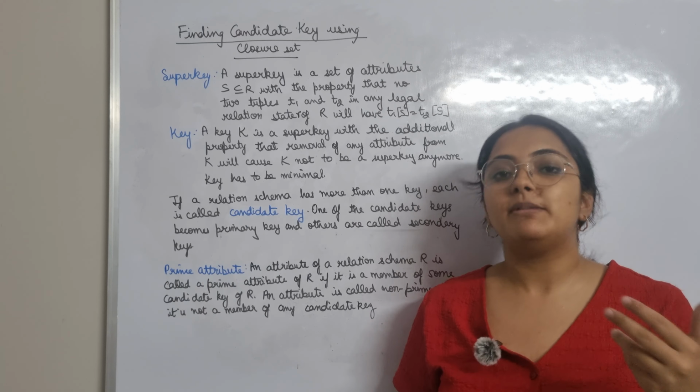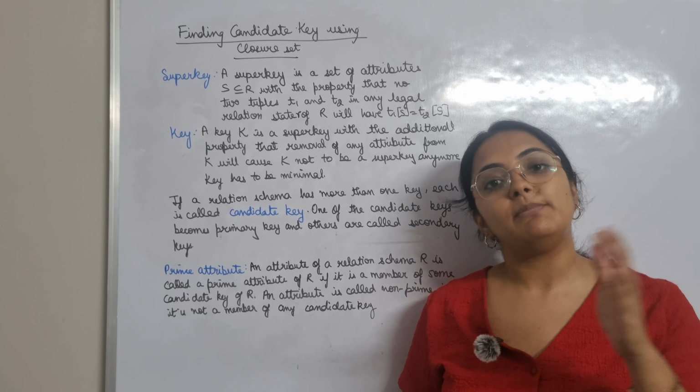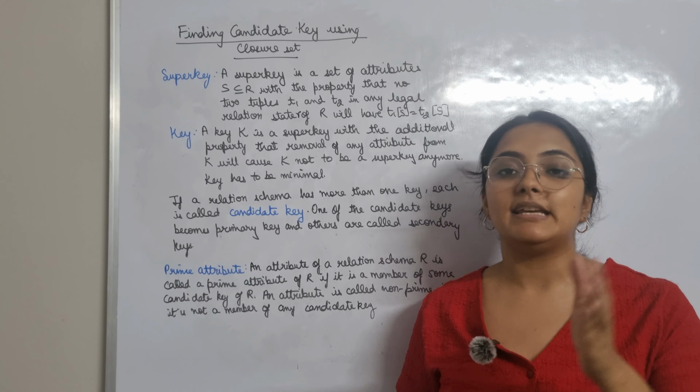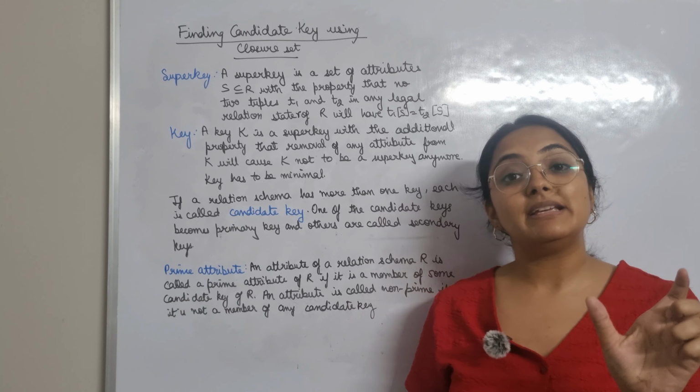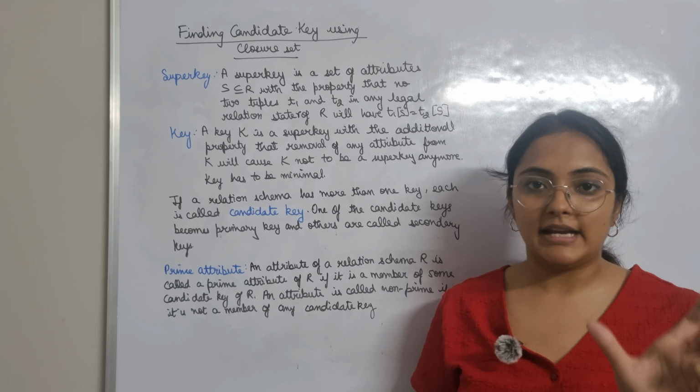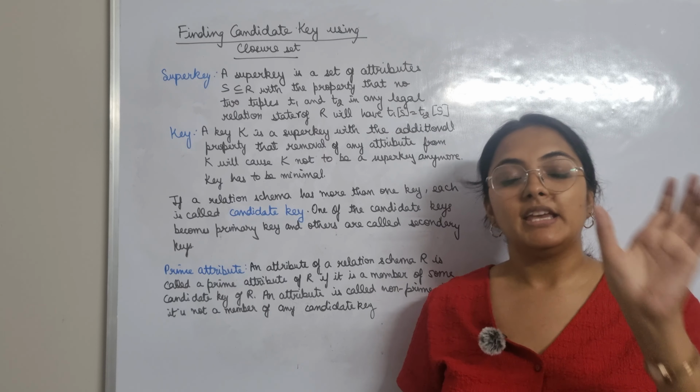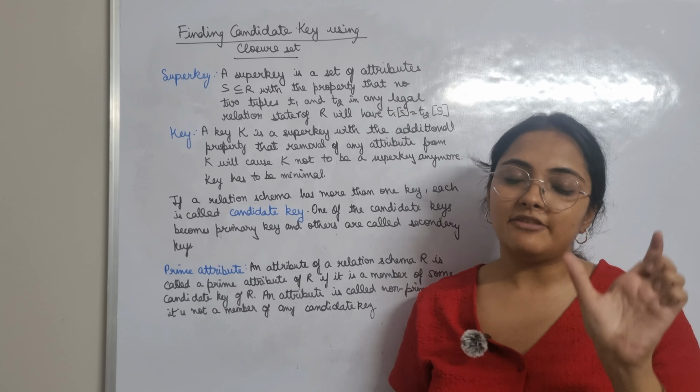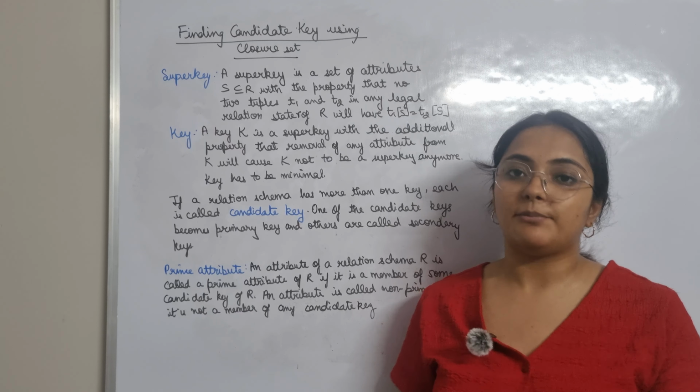Okay, so let's say AB is the key for the relation schema. So ABC is a superset of AB, and ABC is also called a super key, right? Even if you remove C, with AB you will still be able to identify the tuple uniquely.